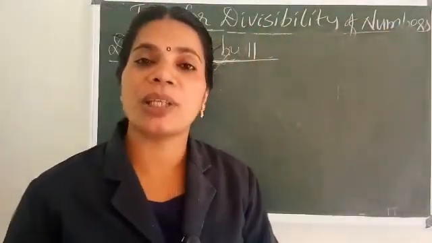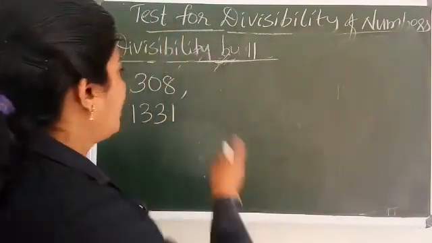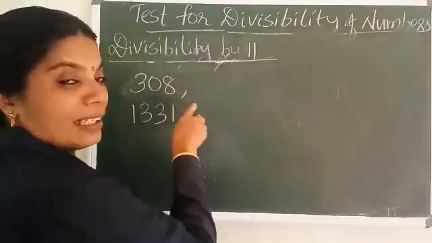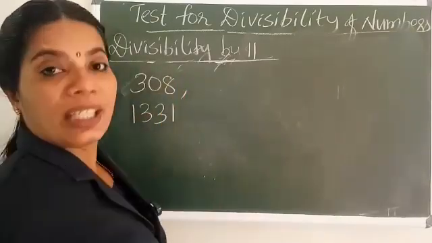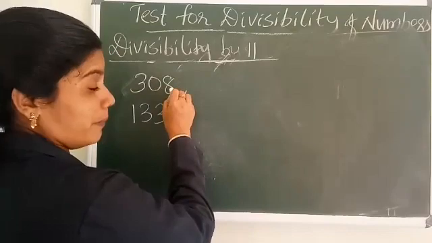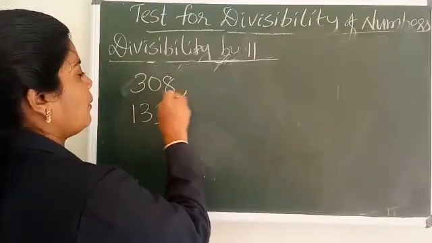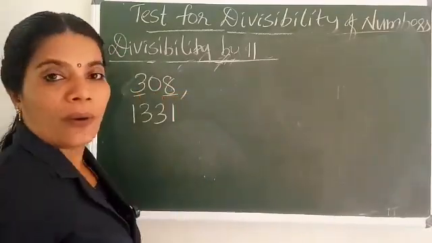But what is the divisibility rule of 11? Take the digits at odd places and at even places. In 308, 8 is in an odd place and 3 is in an odd place.